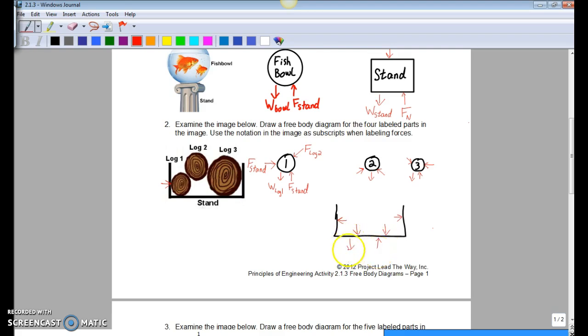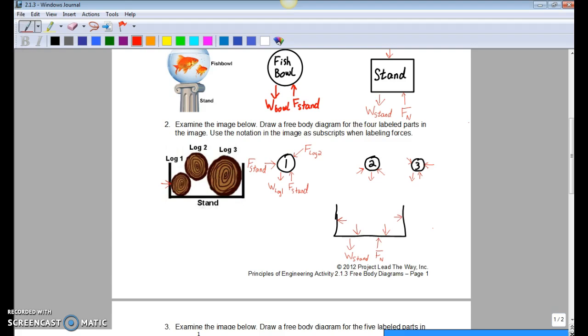The weight of the stand itself, you always have to consider the weight of the component you're doing the free body diagram on. Here I will label this one so you don't forget. We have the weight of the stand and the normal force, which, assuming this stand is on the ground, is basically just the ground pushing back on the stand so that it doesn't sink into the ground.